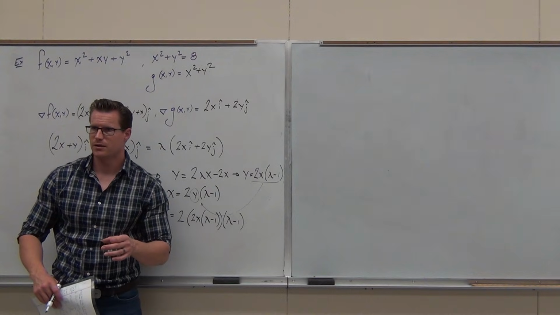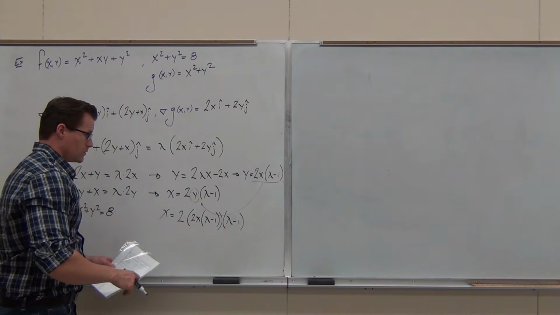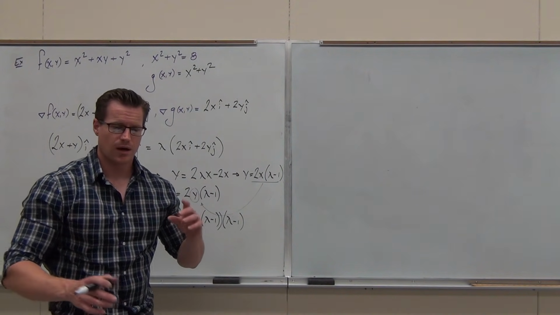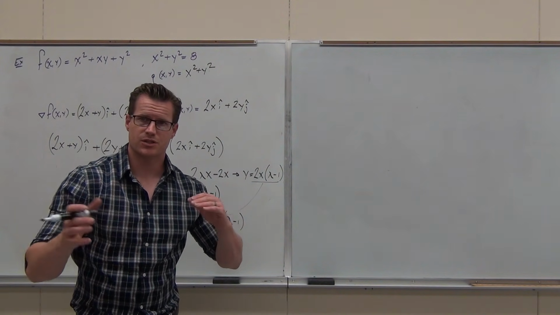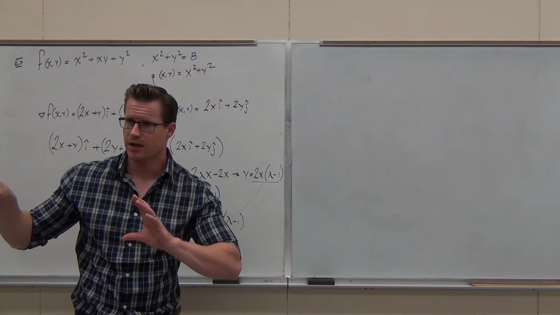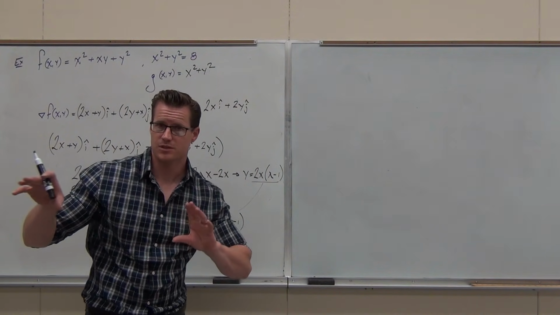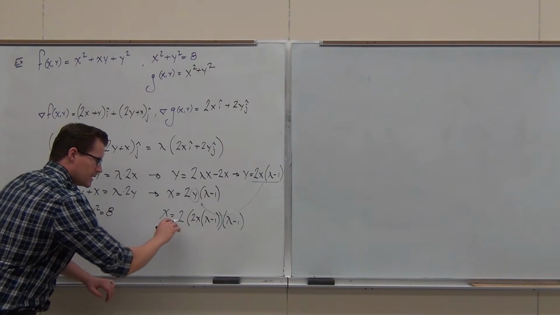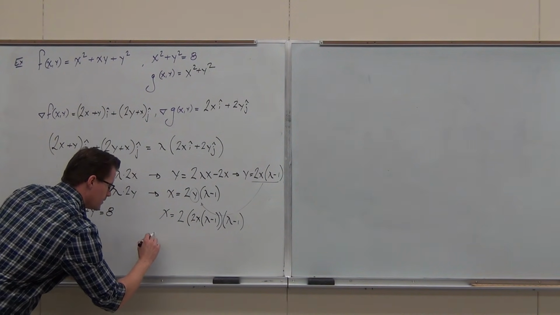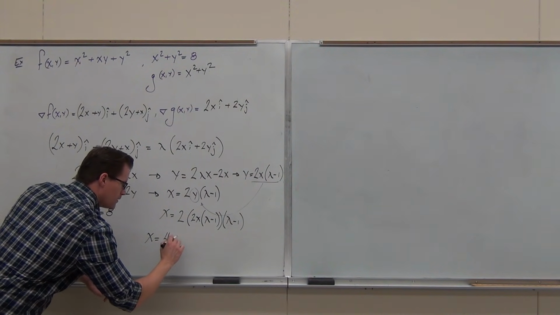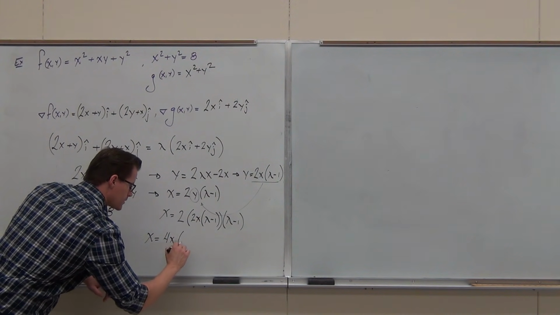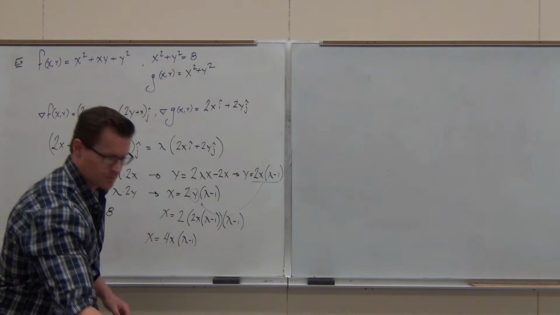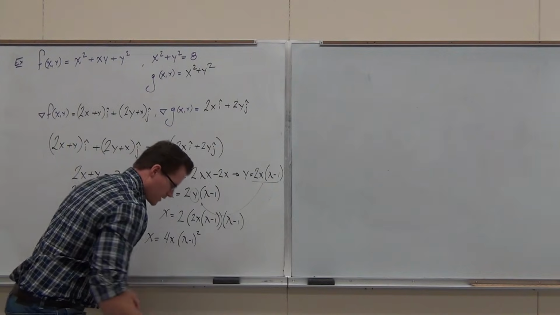Can you follow that? Okay, so since we have one variable now, I'm going to distribute. I'm going to get 0 on one side, and I'm going to use the zero product property to figure out some values here. So let's go ahead and at least distribute this. So I have 4x(lambda minus 1) squared.